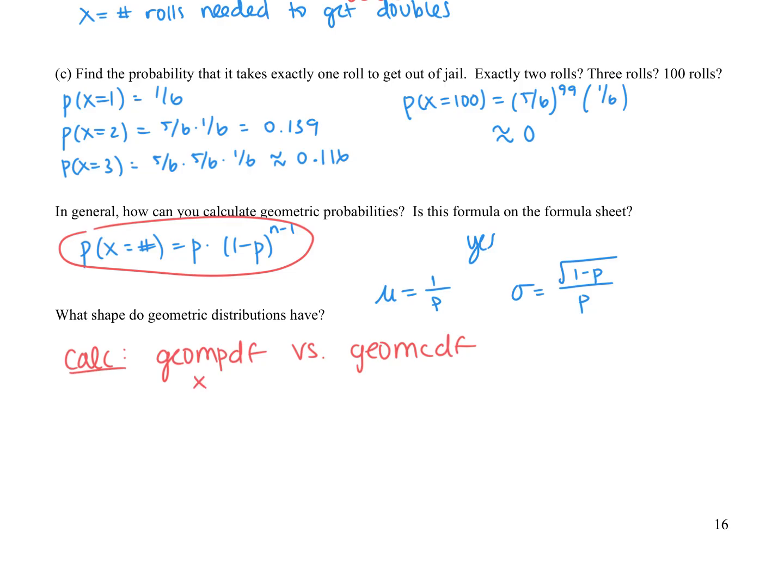PDF still does x equals some number. CDF still does x is less than or equal to some number. For binomial, you put in n, p, and x. Geometric doesn't have an n, so you're just putting in p and x. So I don't expect you to use the formula. I expect you to use proper notation. So this variable is geometric, this is p, and then use your calculator.